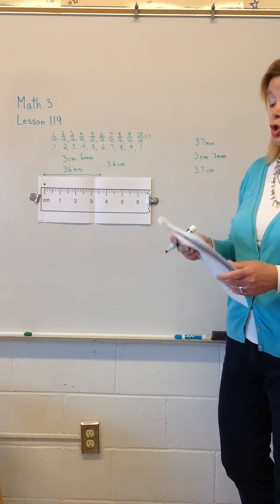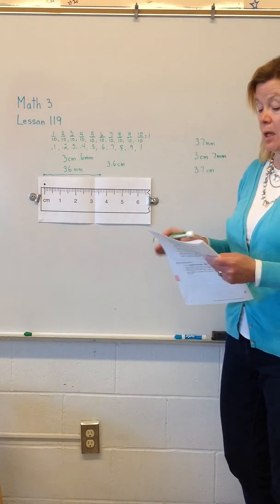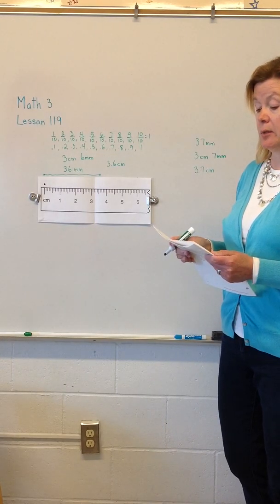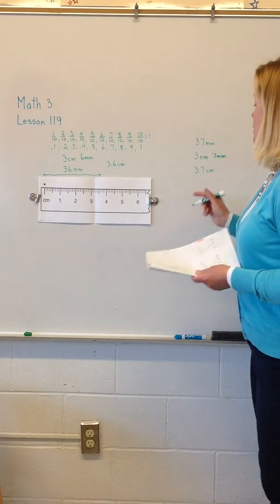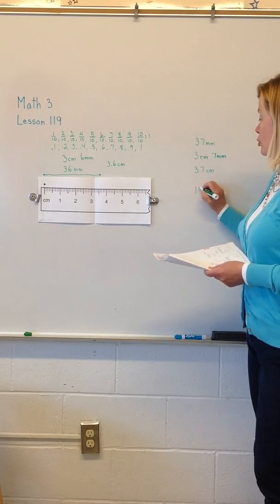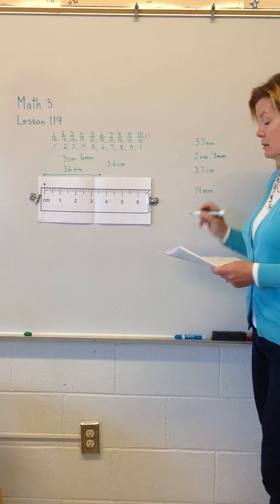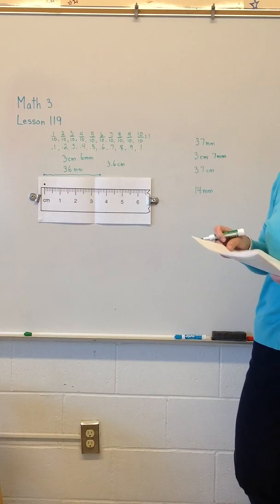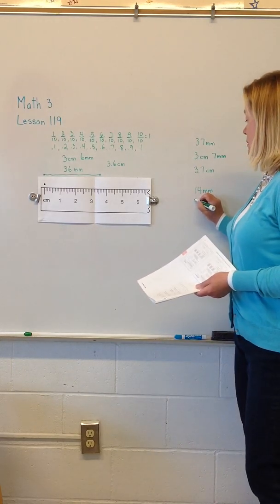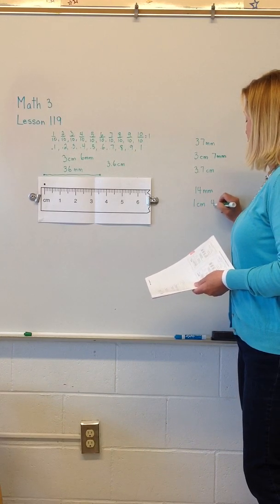Let's do question 2 together. How long is that line segment? It looks like it is 14 millimeters long. How would we write it using centimeters? 1 centimeter, 4 millimeters.